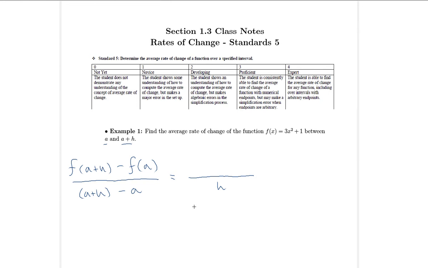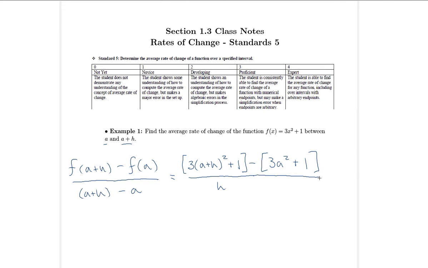All right, so let's go ahead and plug this in. So remember, what this means is that you're putting a plus h in where you see x in the function. So this will be 3 times a plus h squared plus 1, and then minus f of a. So minus, and it's really important to put it in brackets or parentheses or something like that.